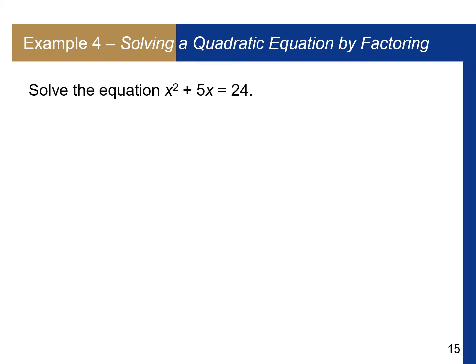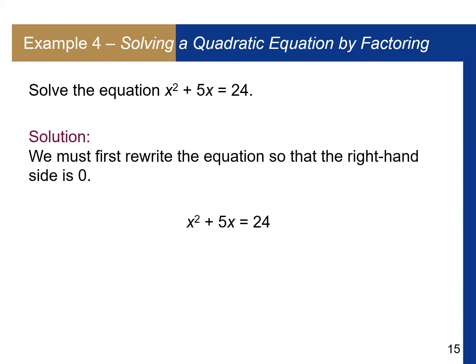Here we have an equation that's quadratic. First thing I want to do is take 24 from this side over to this side, and I will do that by subtracting 24 from each side, and now I will get this.